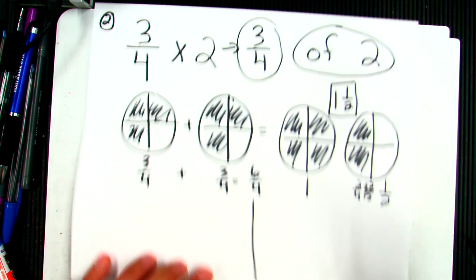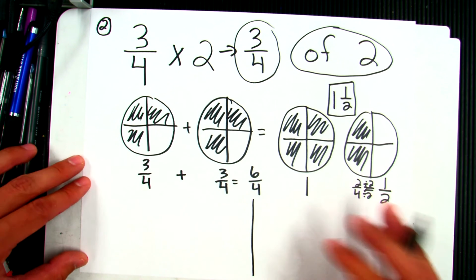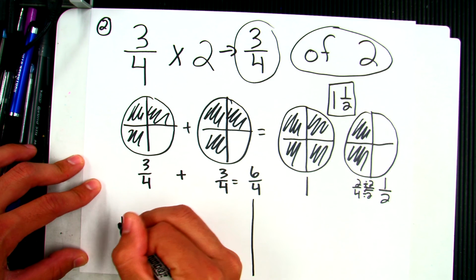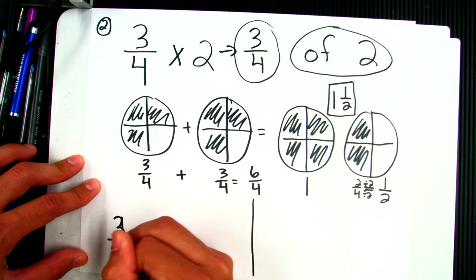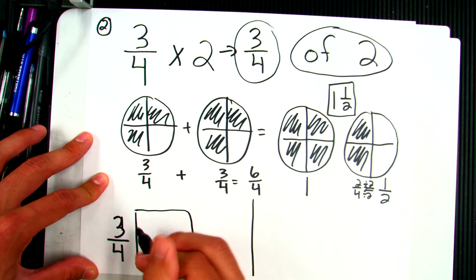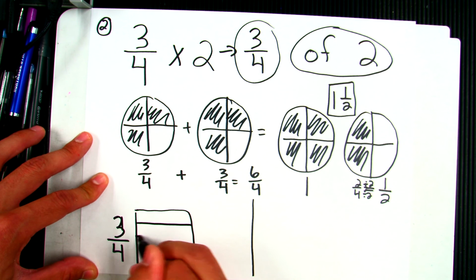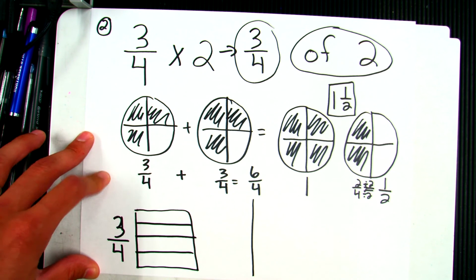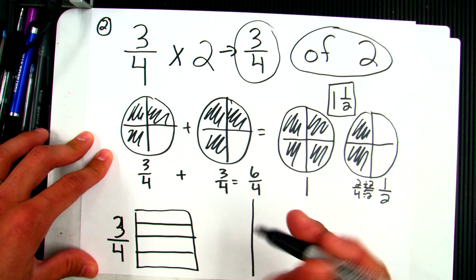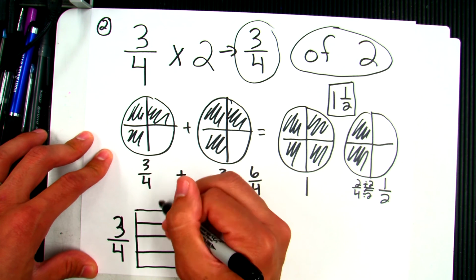Here's the area model. Like I said, it's going to look a little bit different. I'm going to show my 3/4 on this side. So I'm going to draw my box since I'm using area, and I want to show 3/4. There's my 3/4. Okay. I could shade it in, but I'm just going to wait since I'm using a black marker. You're not going to see this too well if I shade it in first.